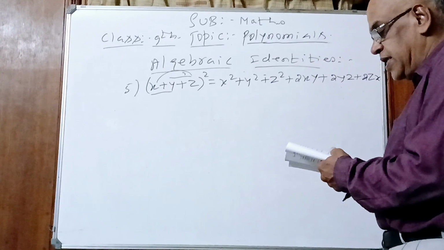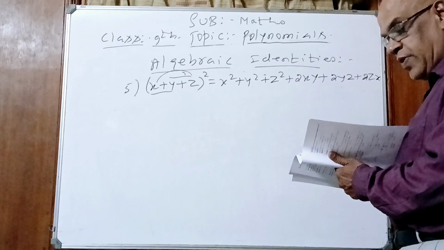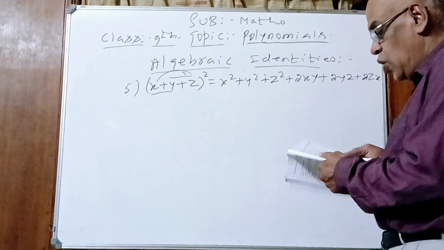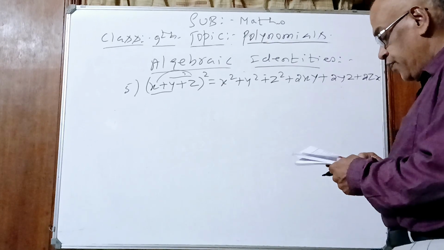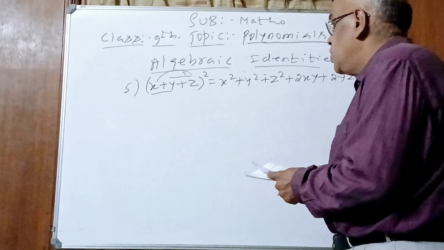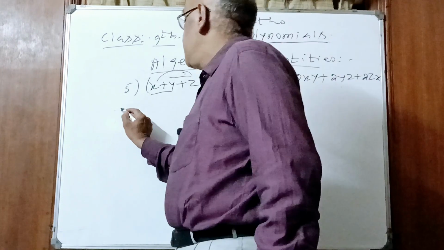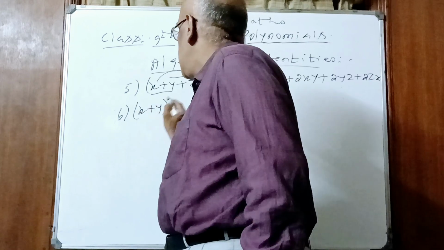For the next identity, (x plus y) whole cube, then (x minus y) whole cube, then x cube plus y cube plus z cube. So, what is the sixth identity? Sixth identity, (x plus y) whole cube.